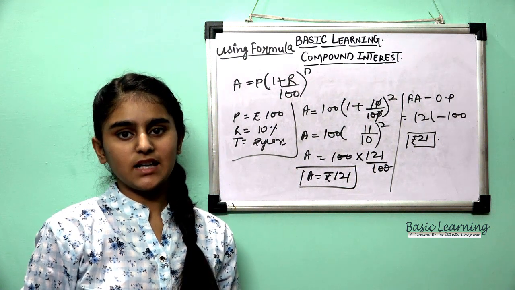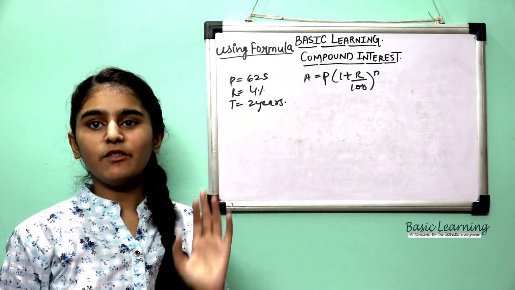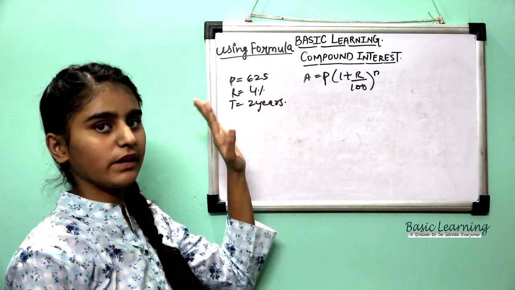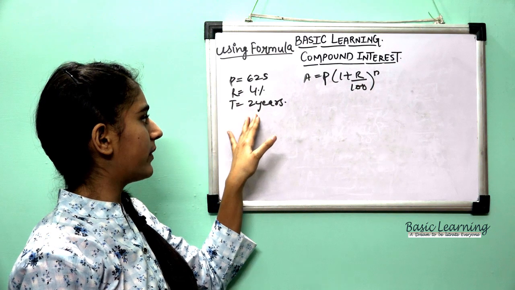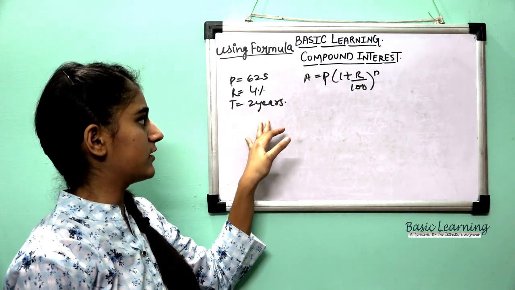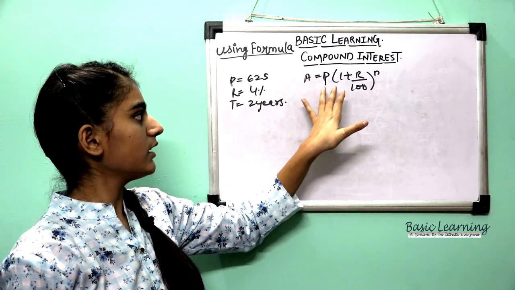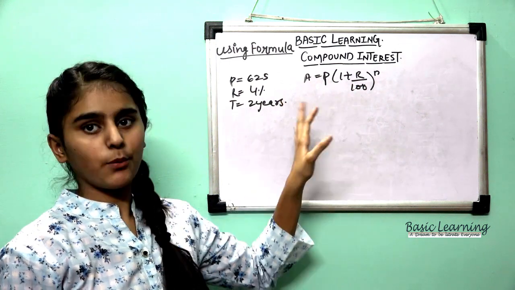Now I will take another example. Now I will take another question, that is principal equal 625 rupees, rate is 4%, time duration is 2 years. We are supposed to apply the formula here, A equal P bracket 1 plus R upon 100 to the power n.